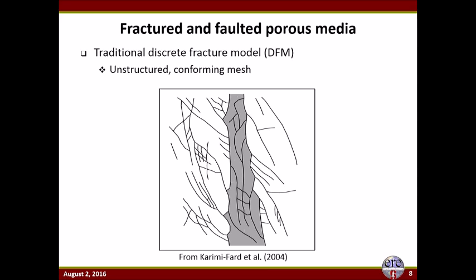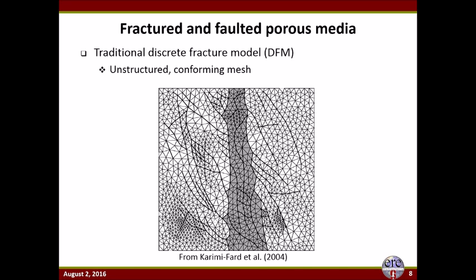And really, if engineers are interested in understanding how flow occurs through the subsurface, one of the most common tools that they use is called the discrete fracture model. So you might have some knowledge of what the geologic structure of your reservoir may look like, and if you're interested in simulating flow through your model, you typically use what's called a conforming unstructured mesh, where you explicitly put the fractures in the model and then mesh the surrounding rock with these kind of triangular meshes.